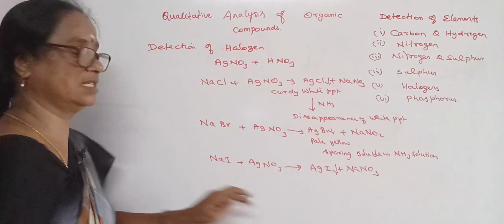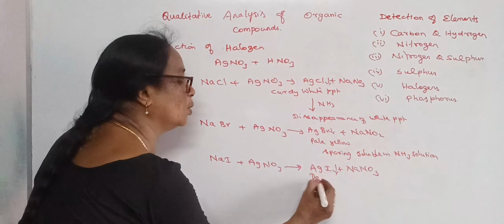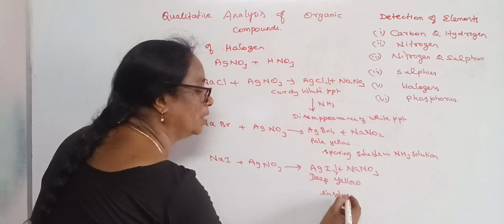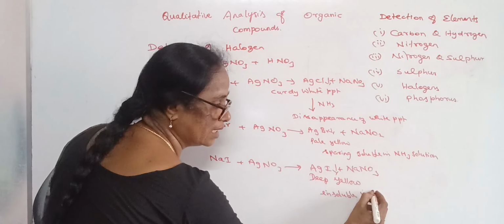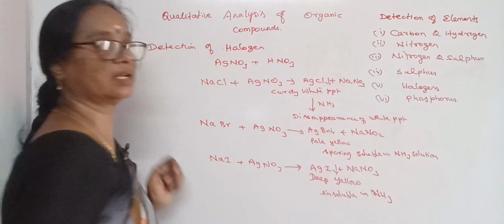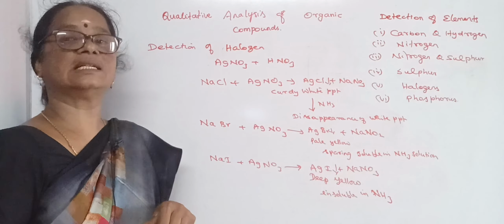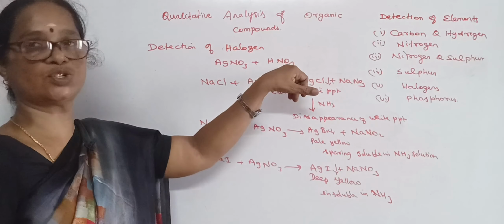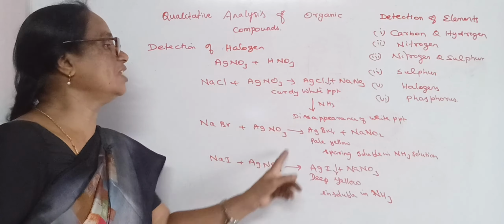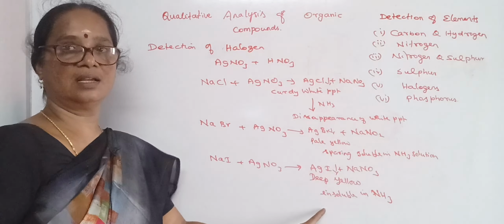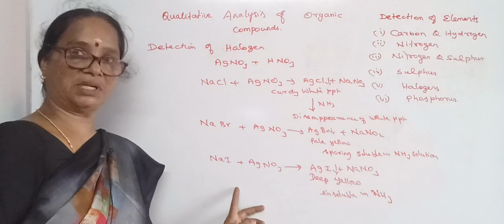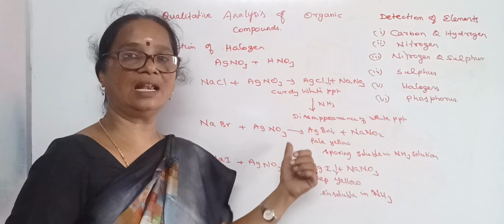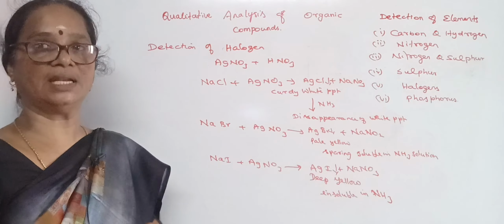But the color of the silver iodide is a deep yellow precipitate, which is insoluble in ammonia solution. So the presence of halogen can be detected by treating with silver nitrate, whose mixture is acidified with nitric acid. Due to the difference in the colors formed depending upon the nature of the halide present, followed by its solubility in ammonia, which halide is present in the organic compound can be detected.